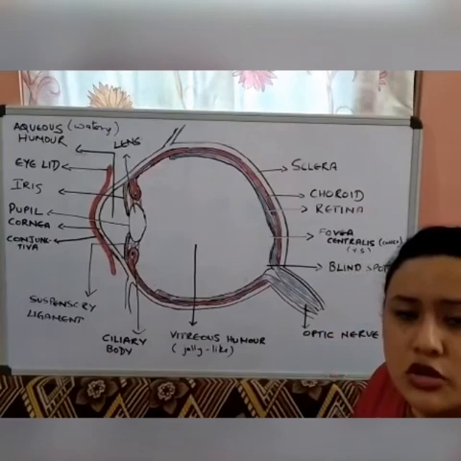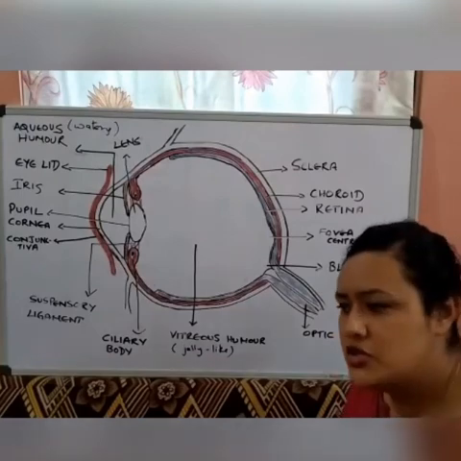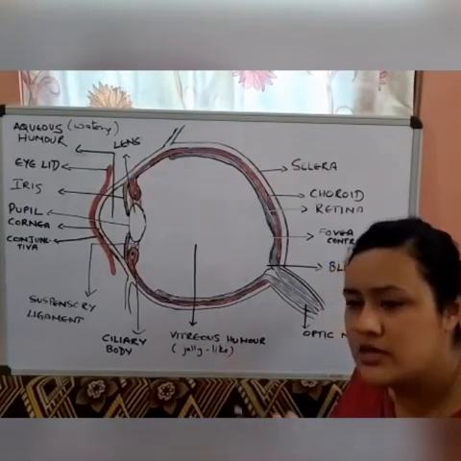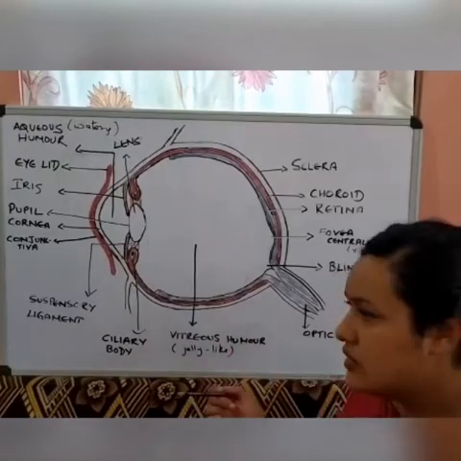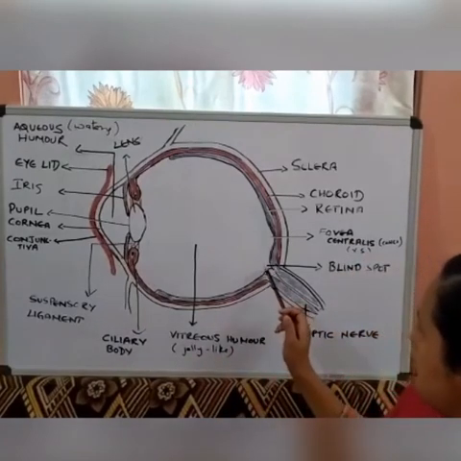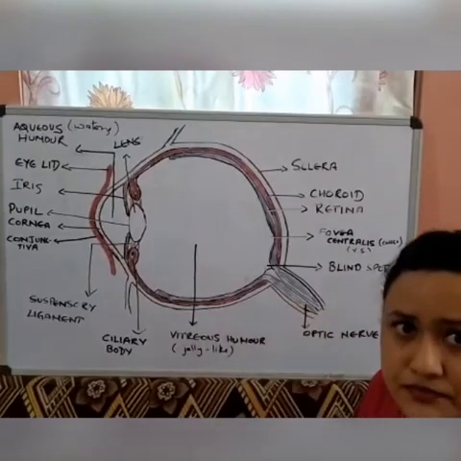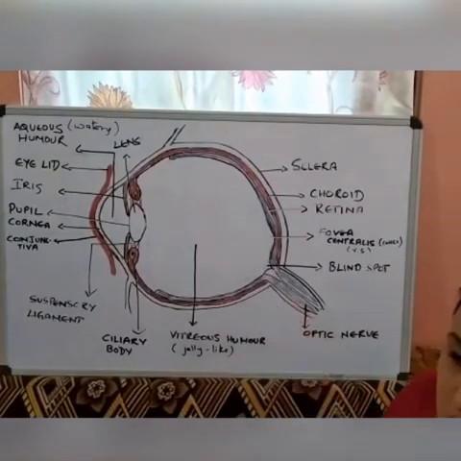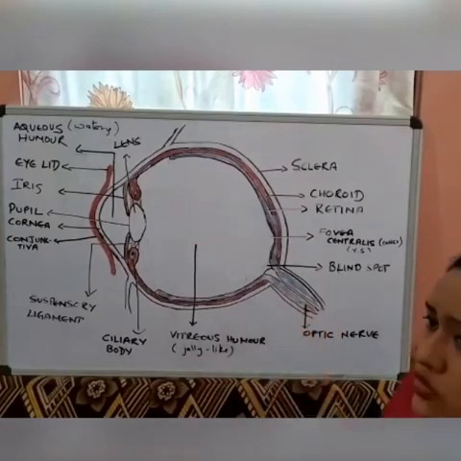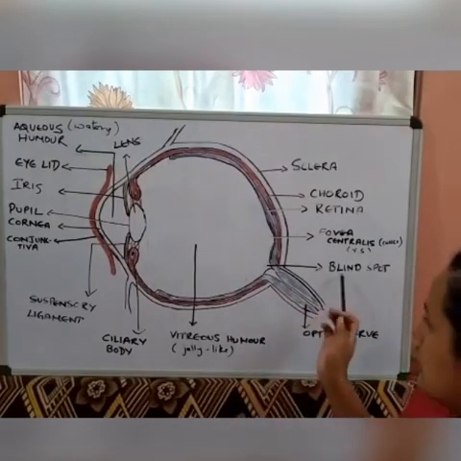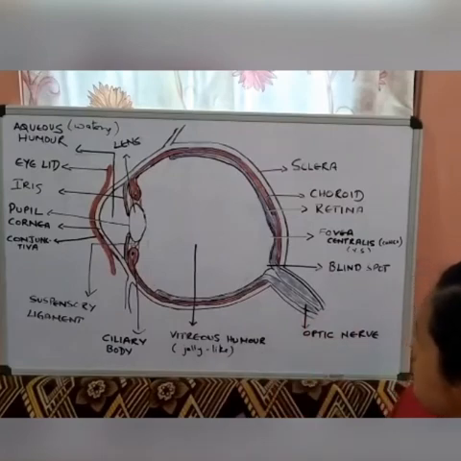The nerve fibers bundle up together, forming the optic nerve. Here there are no rods and no cones, so there is no vision here. So it is known as the blind spot.